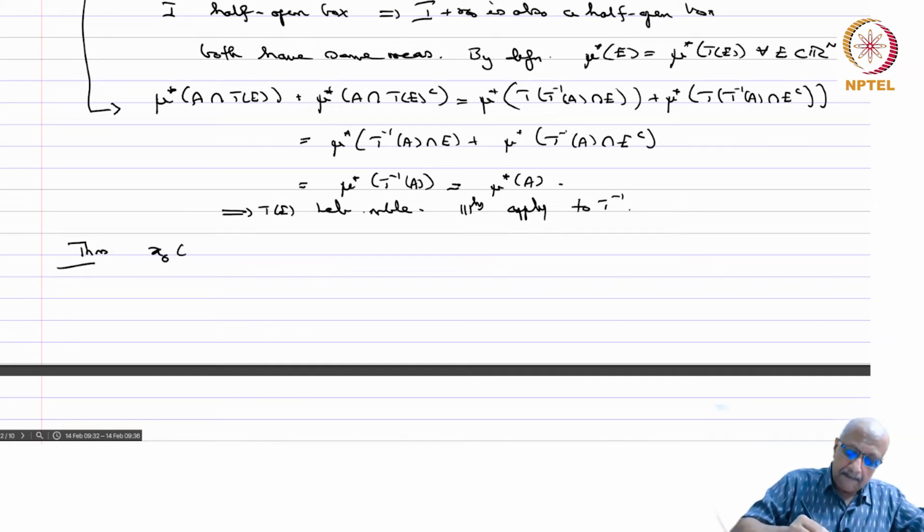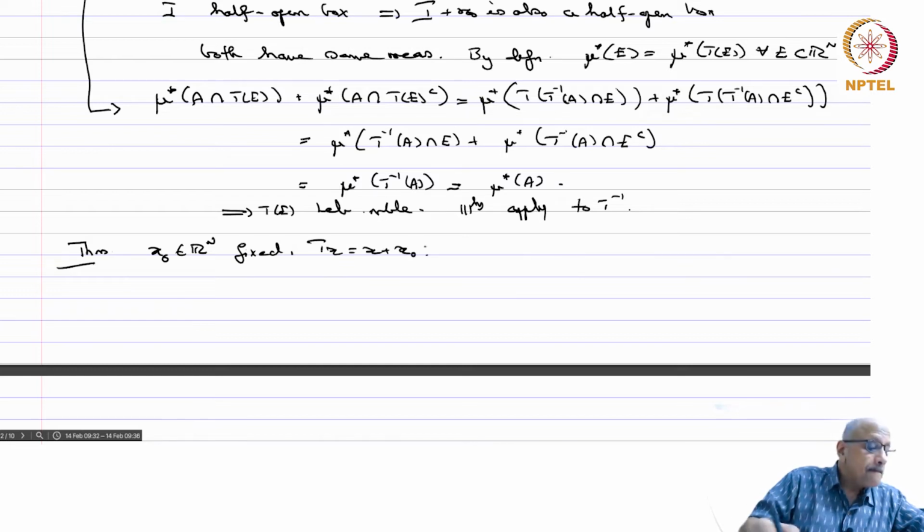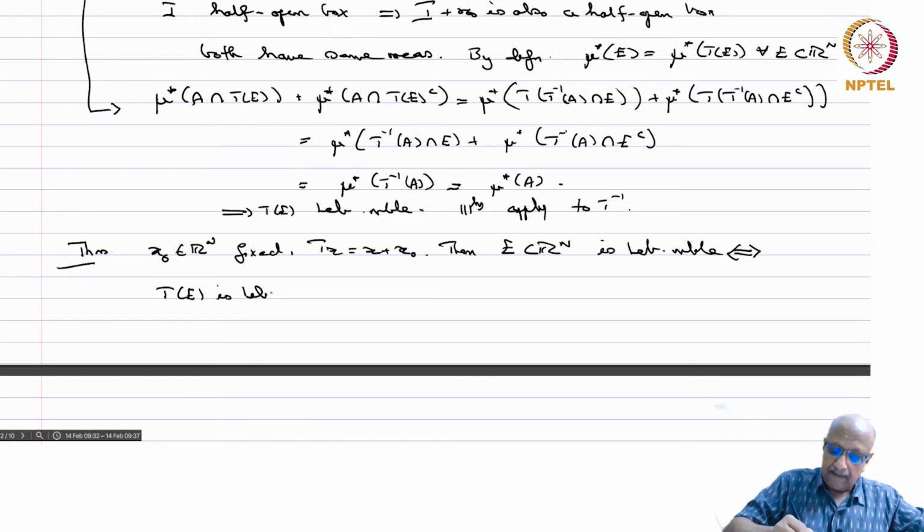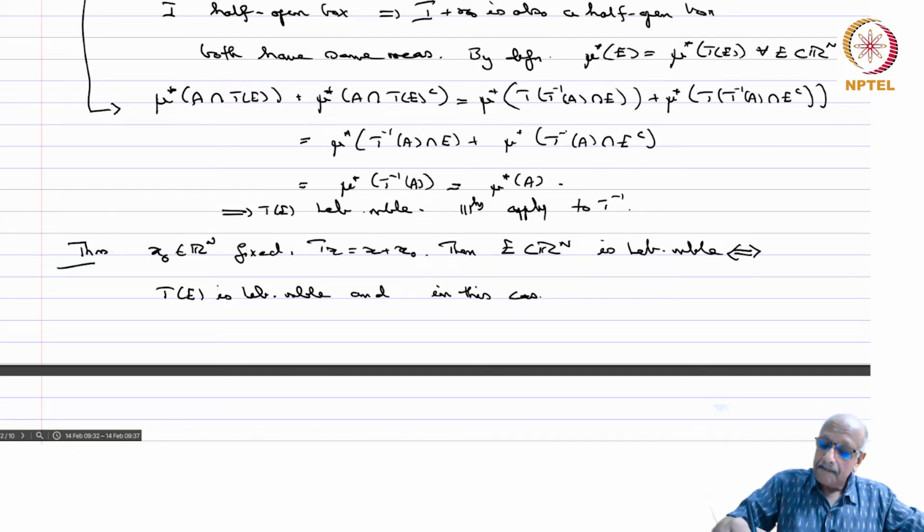Let x naught in Rn be fixed, Tx equals x plus x naught. Then E contained in Rn is Lebesgue measurable if and only if TE is Lebesgue measurable, and in this case mu_n of E is the same as mu_n of TE.